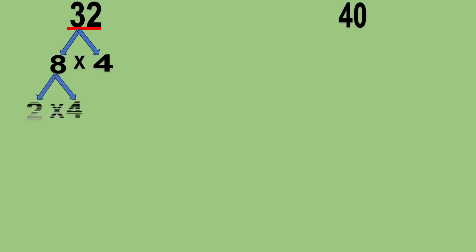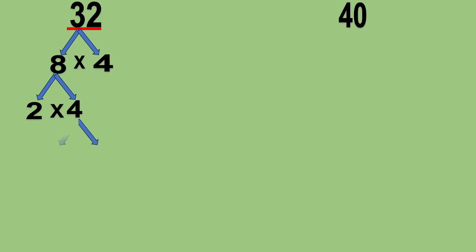Another example, let us find the greatest common factor of 32 and 40. Let's start making factor tree for the number 32. 32 can be factored into 8 times 4. 8 can be factored into 2 times 4.